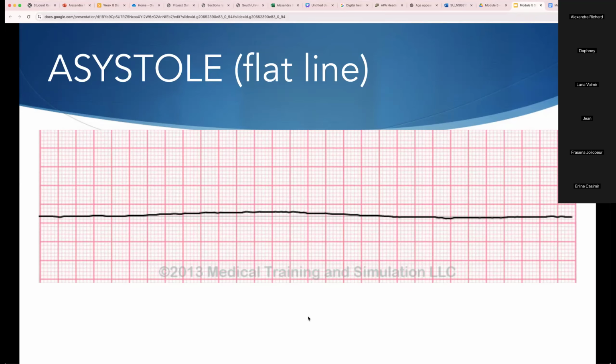CPR. Excellent. Because you don't do defibrillation for this, because there's no rhythm to defibrillate. With defibrillation, you're trying to work against a bad rhythm, like counter shock it. But here, there's nothing to shock. The heart muscle's not moving at all, so we have to pump it with CPR.